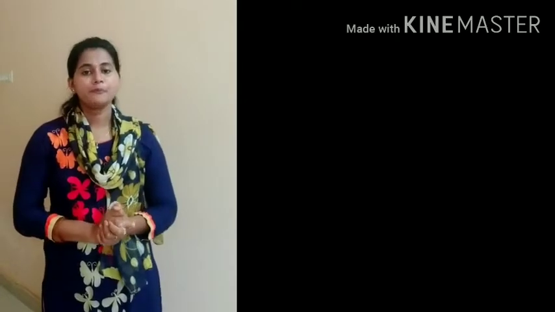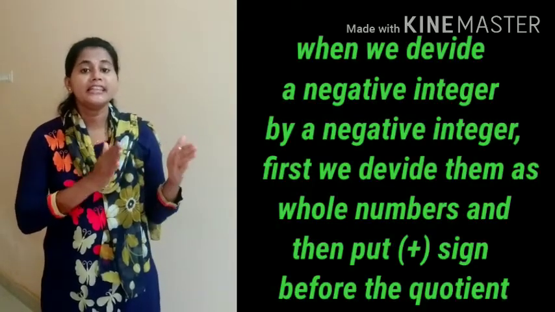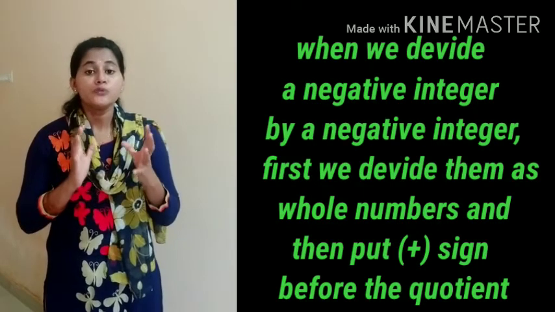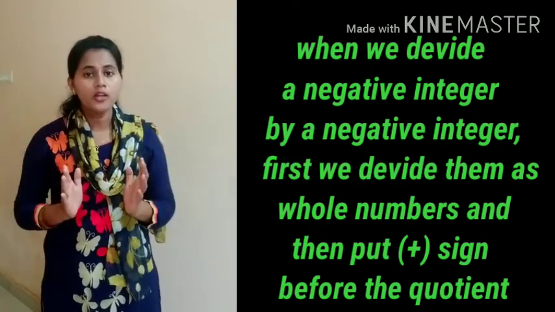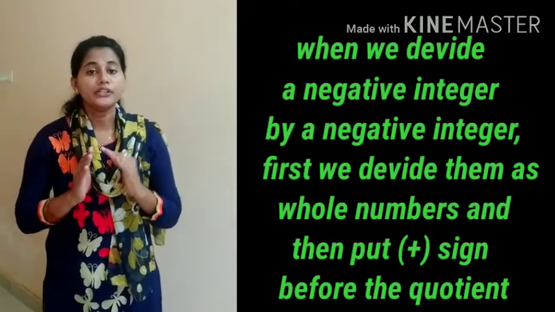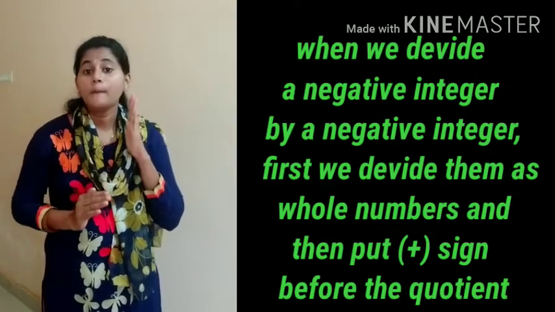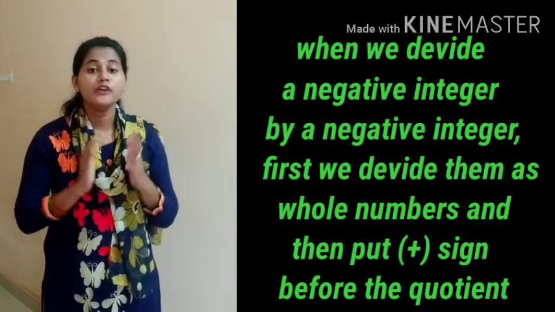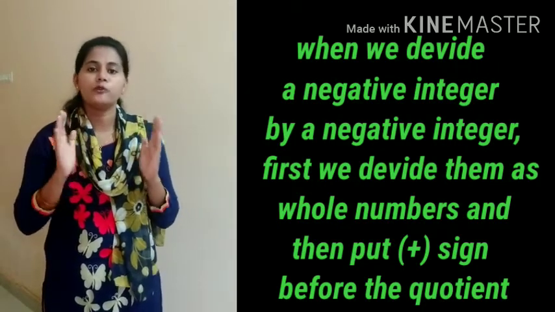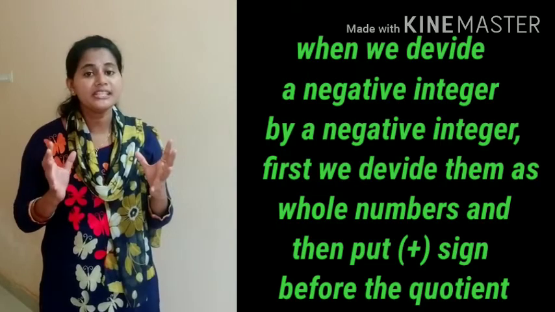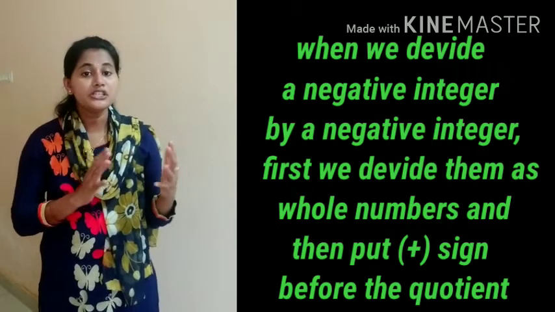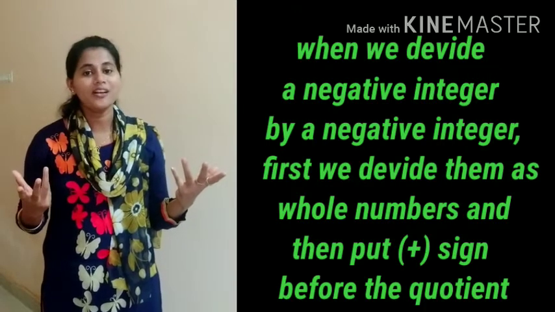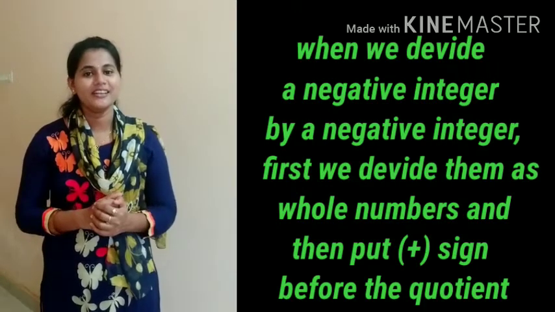The second case is when we divide a negative integer by a negative integer. First we divide them as whole, then we put a positive sign before the quotient. Do we get a positive integer or a negative integer? Obviously, a positive integer.